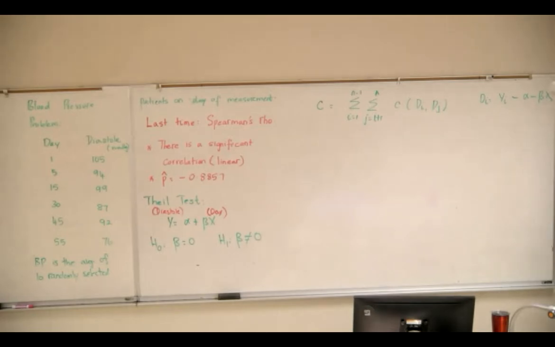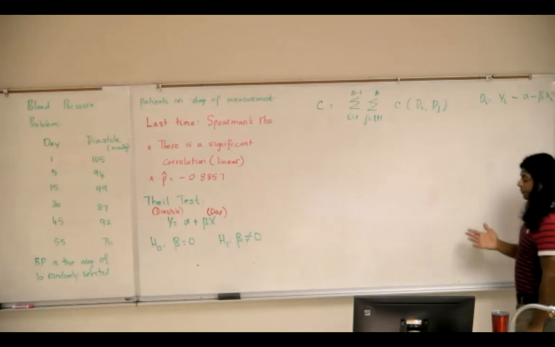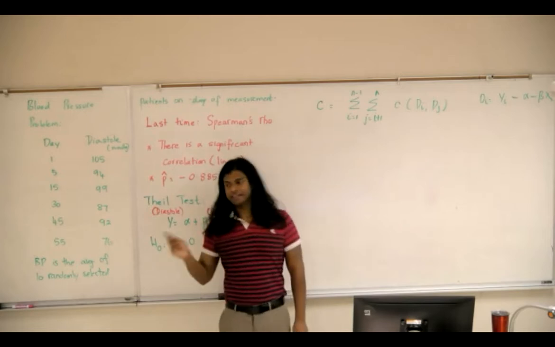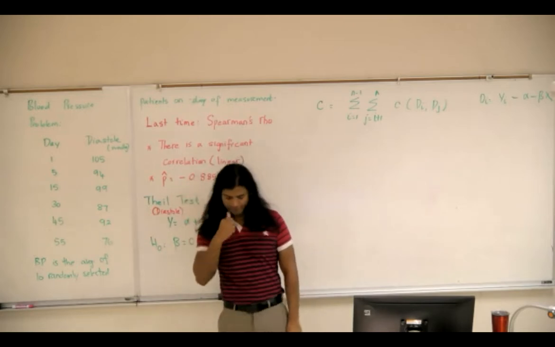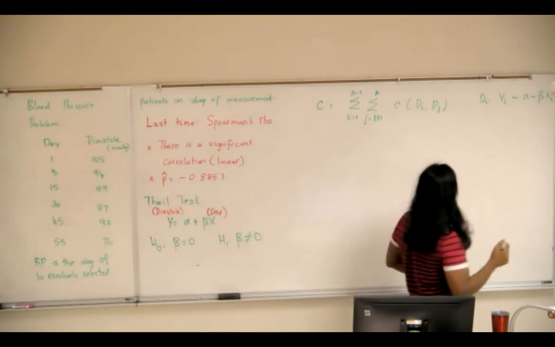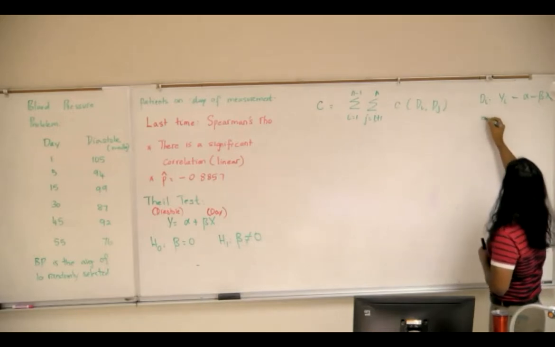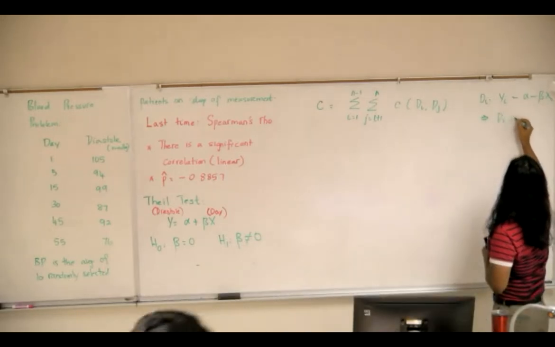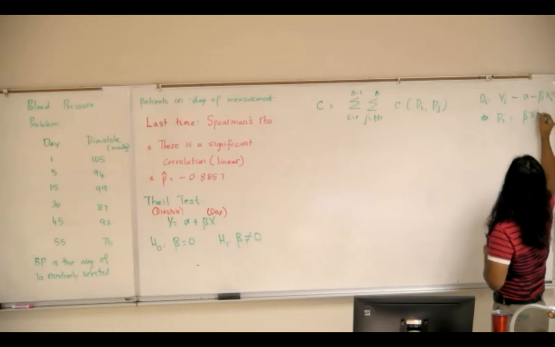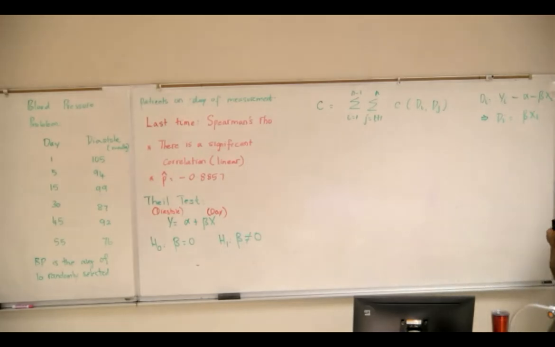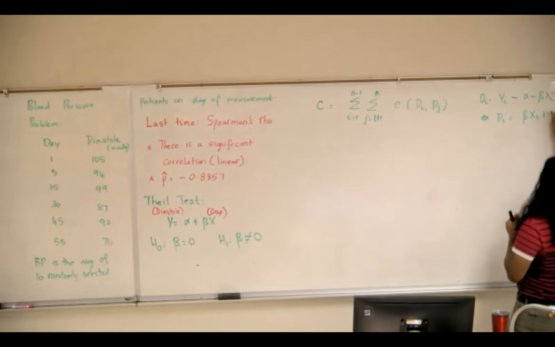Since the intercept doesn't even matter, because no matter what the value of alpha is, it always gets cancelled when we do the difference, we can ignore alpha and write di equals yi minus beta times xi.